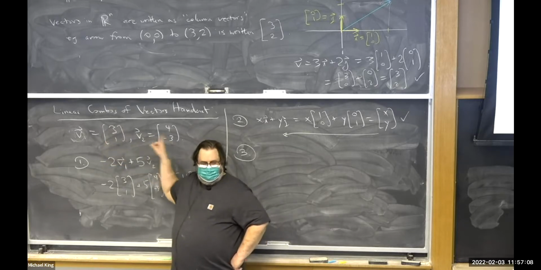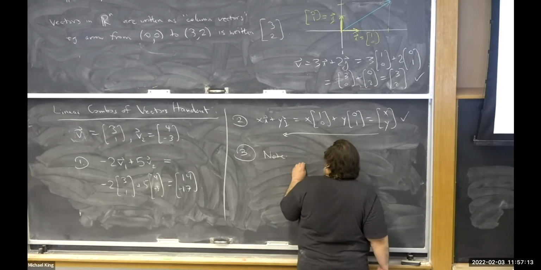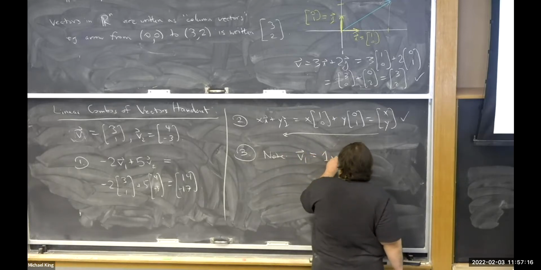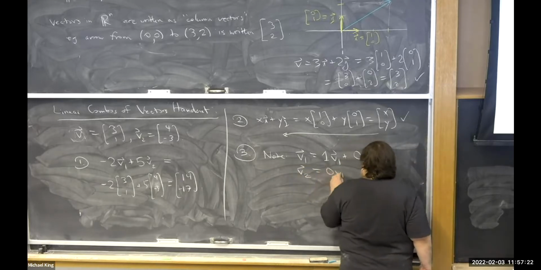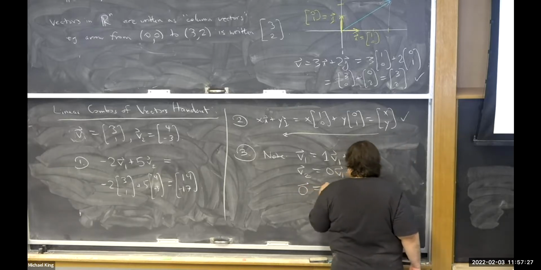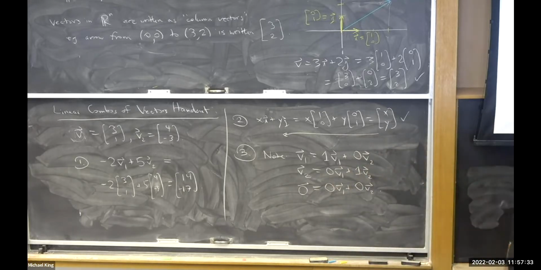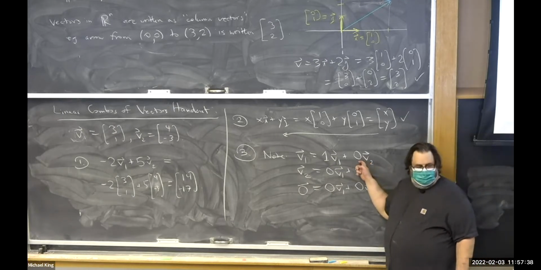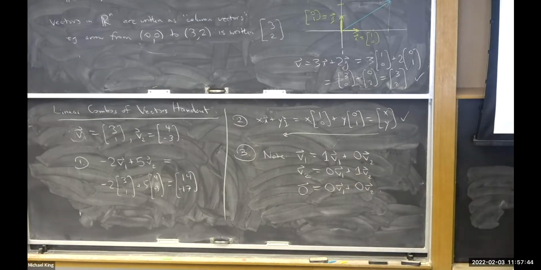So note, it's kind of goofy, but v1 is 1 v1 plus 0 v2, and v2 is 0 v1 plus 1 v2, and even the 0 vector we can write as 0 v1 plus 0 v2. You can also get all multiples of v1 just by scaling v1 and having no v2s. Not a trick question, just something worth noting.